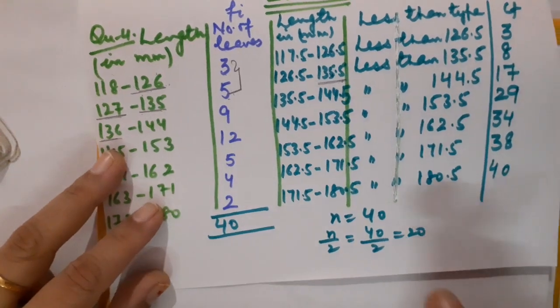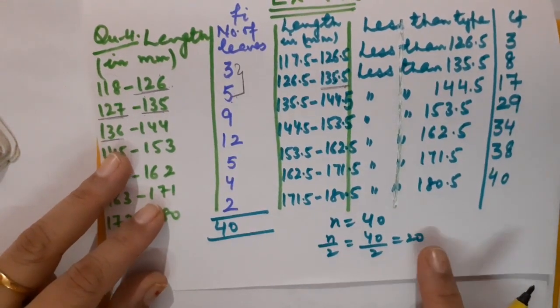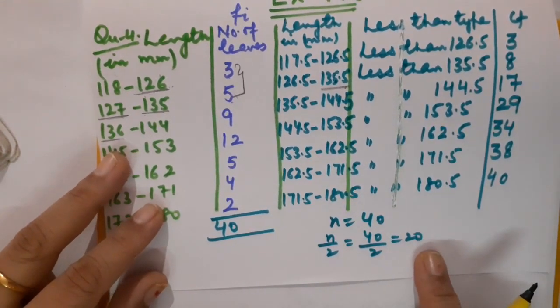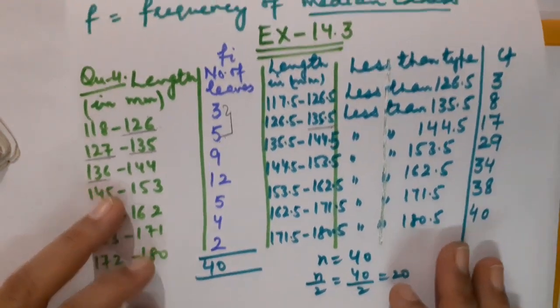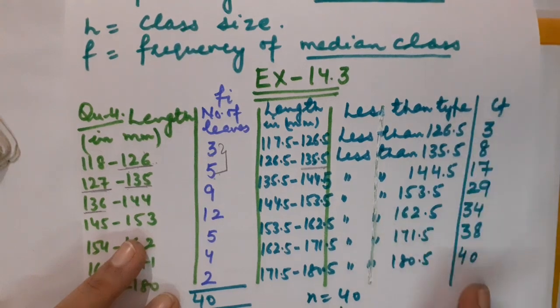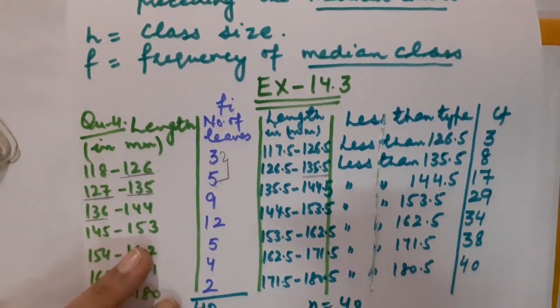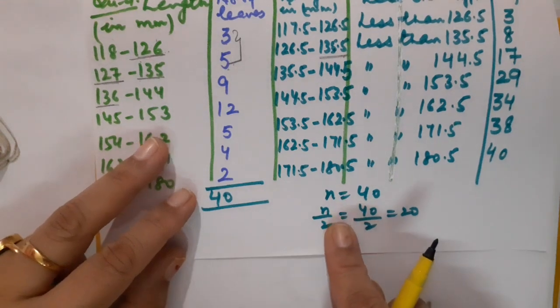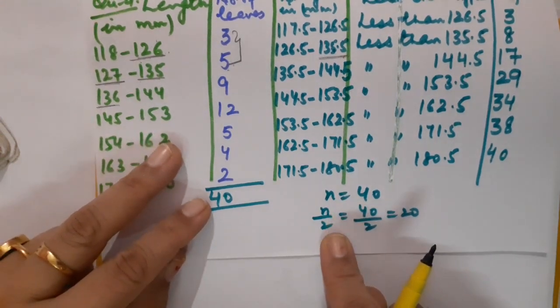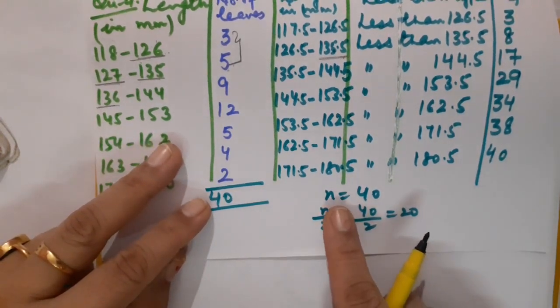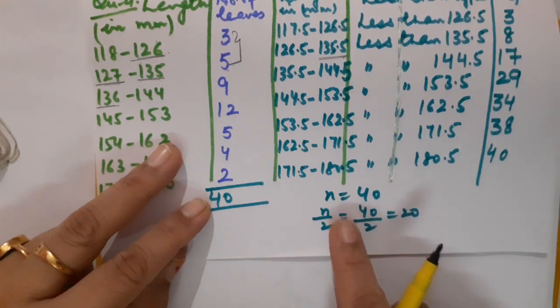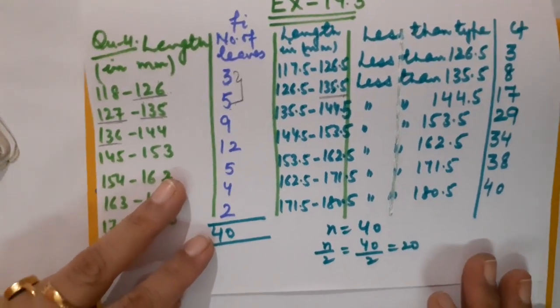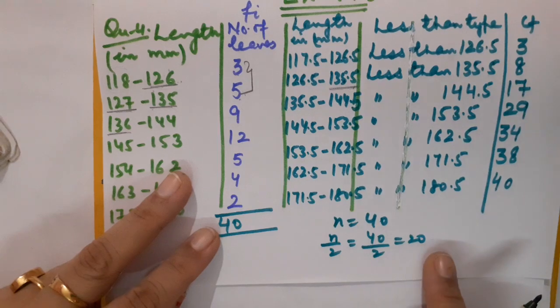Always remember that you are supposed to take that cumulative frequency which is greater than this 20. So let us check in cumulative frequency list. Just the very next one I am talking about. The very next cumulative frequency you are supposed to take which is greater than N by 2. Here you can see that N by 2 is equal to 20.